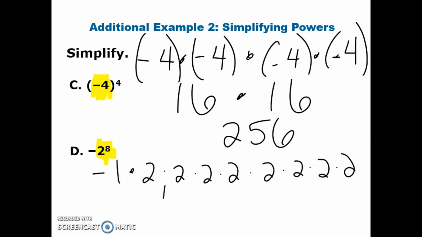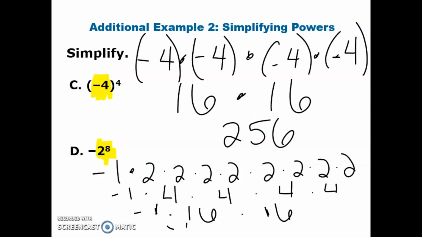So we would start multiplying. 2 times 2 is 4, and I like to group them. 4 times 4 is 16. 16 times 16 is 256, and then at the very end, I'm multiplying that by -1, so I'm actually getting -256. So we have to be really, really careful with those negatives to make sure that we're doing that correctly and we're not making a negative mistake.